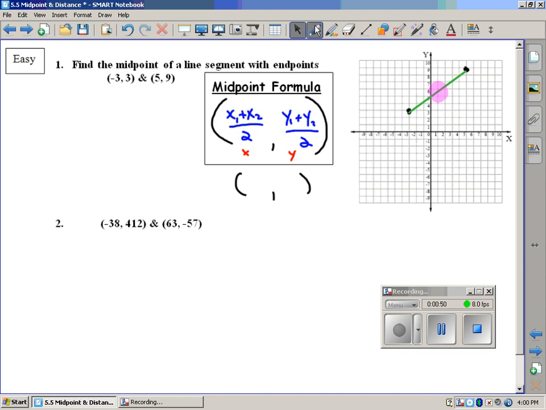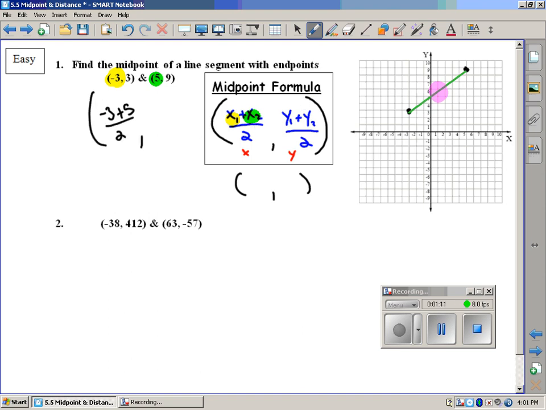The midpoint formula says take the first x value and add it to the second x value. So we'll do just that. To find the midpoint, it will be negative 3 plus 5, and now we divide by 2.